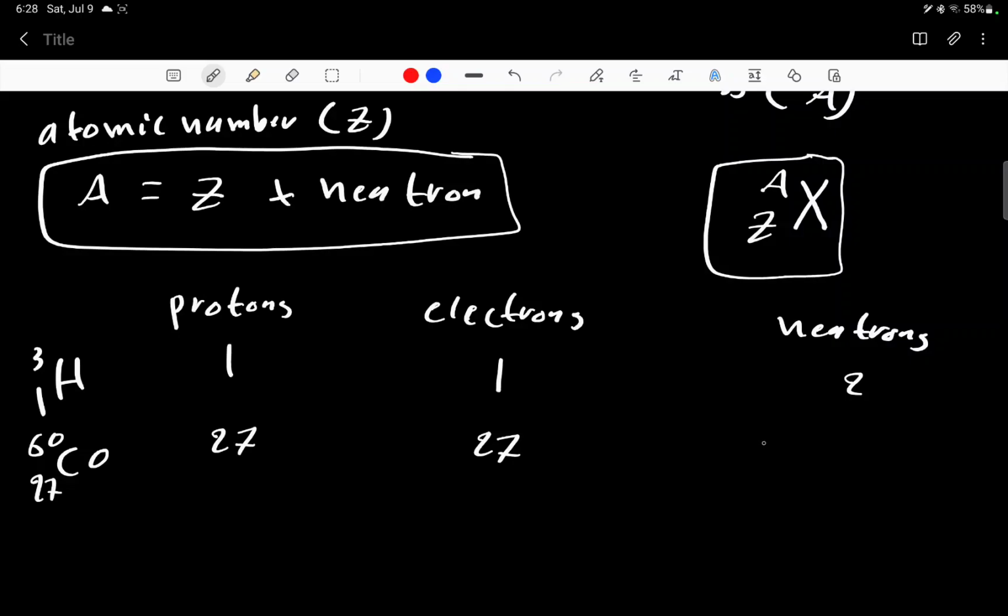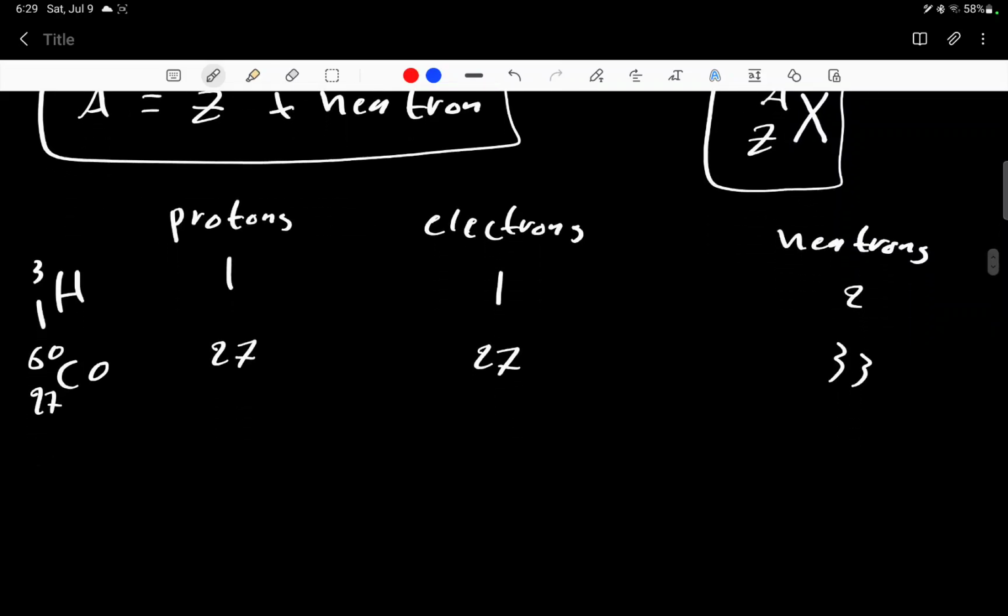So A, the atomic mass, which is equal to 60, is gonna be equal to 27, the atomic number, plus N. So N is going to be equal to 60 minus 27. N is gonna be equal to 33. So the number of neutrons is 33.